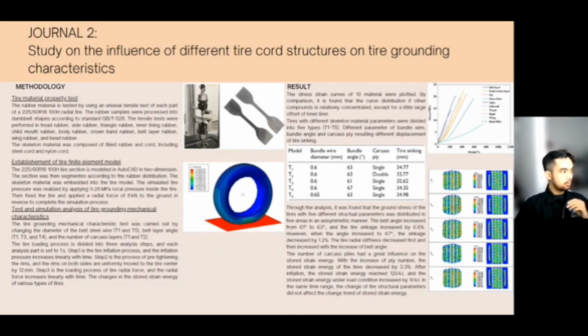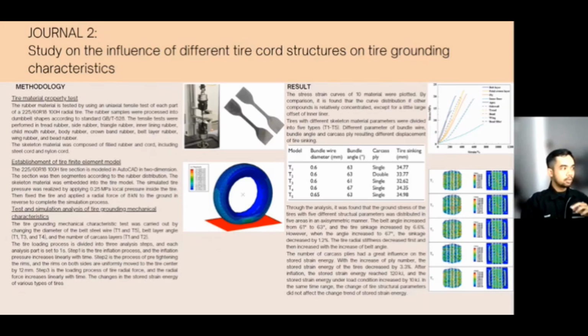Tensile tests were performed in tread rubber, side rubber, triangle rubber, inner lining rubber, and tire mouth rubber, body rubber, crown band rubber, back layer rubber, wing rubber, and bead rubber. And the skeleton material was composed of rubber and cord, including the steel cord and nylon cord.